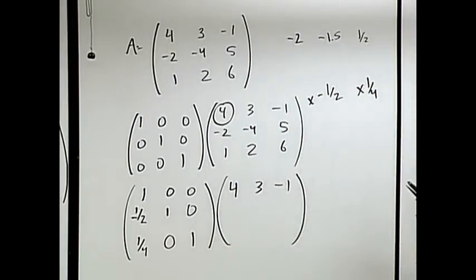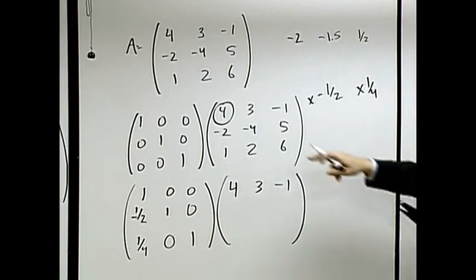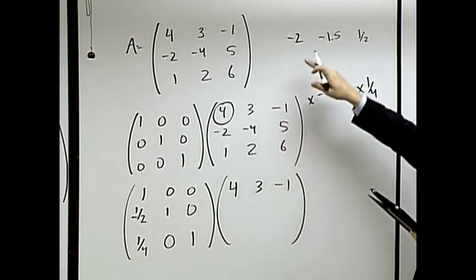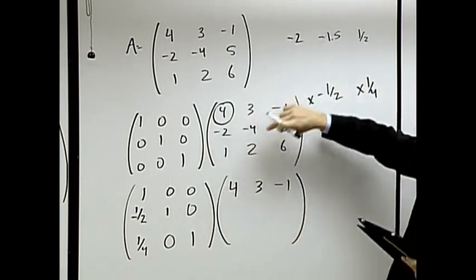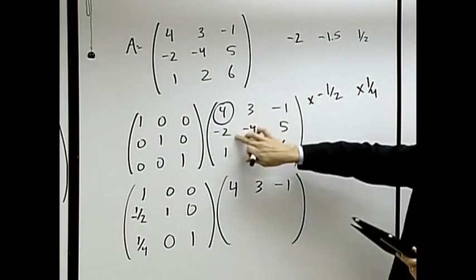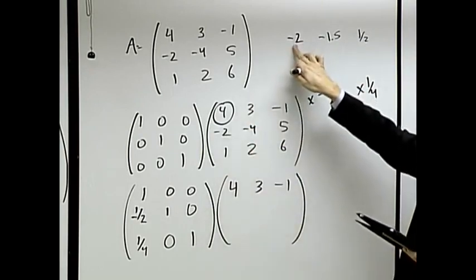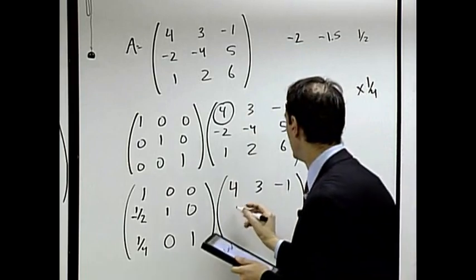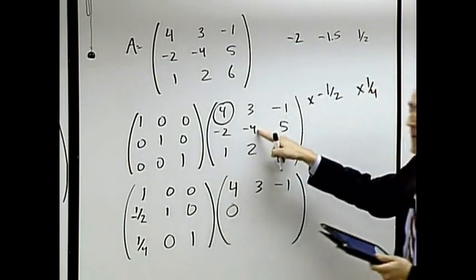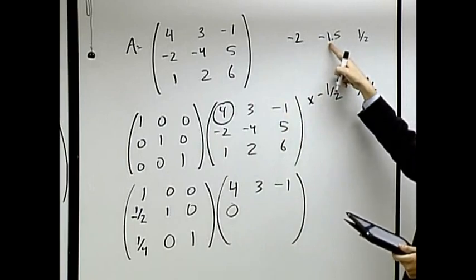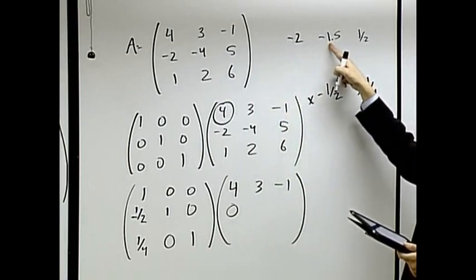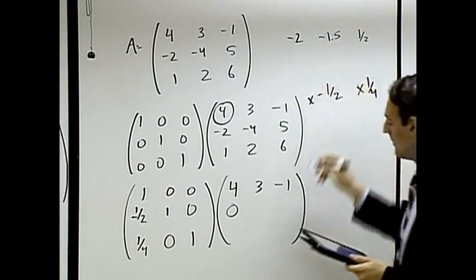And what I think I did, I took this and subtracted that row from it. So it's negative 2 minus negative 2, 0. Then negative 4 minus negative 1/2, which is plus a half. Negative 4 plus a half is negative 2.5, right?